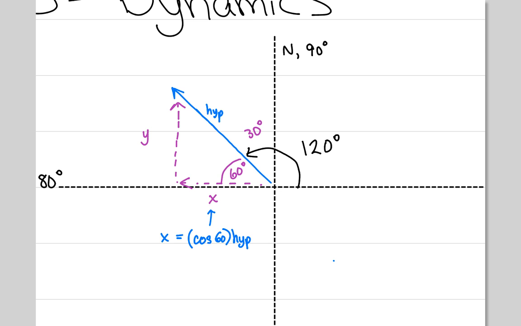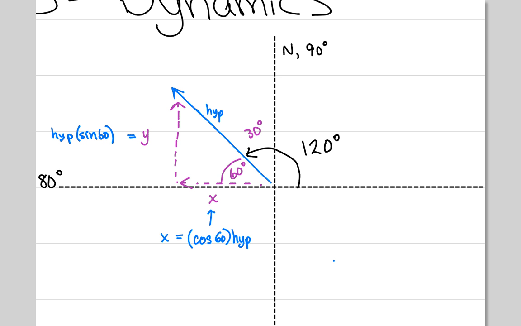That will always work like that. You can always remind yourself that cosine goes with x and sine goes with y. Okay? And it's always multiplied by the hypotenuse. So hypotenuse times the sine of 60 will equal the y component.